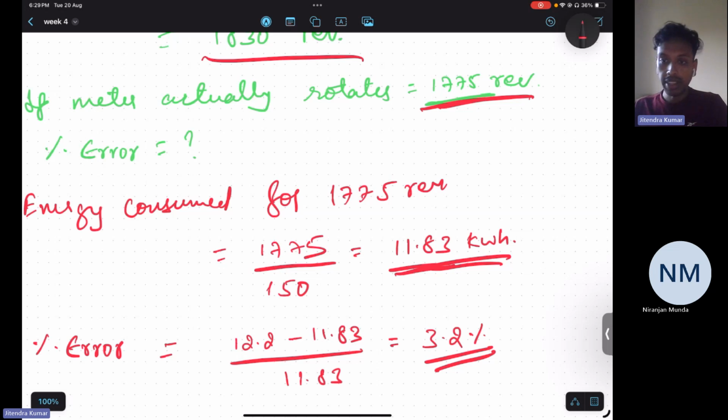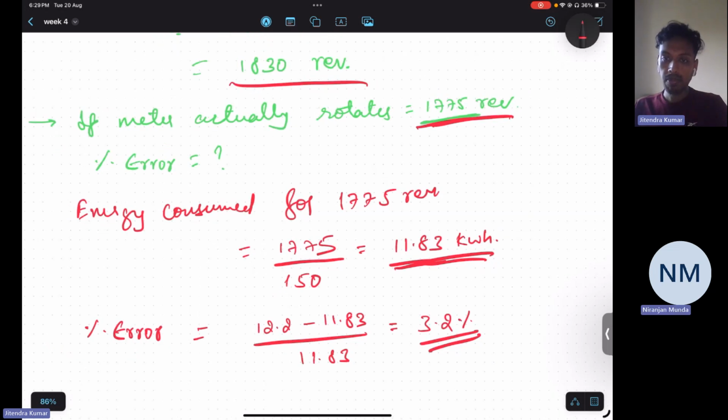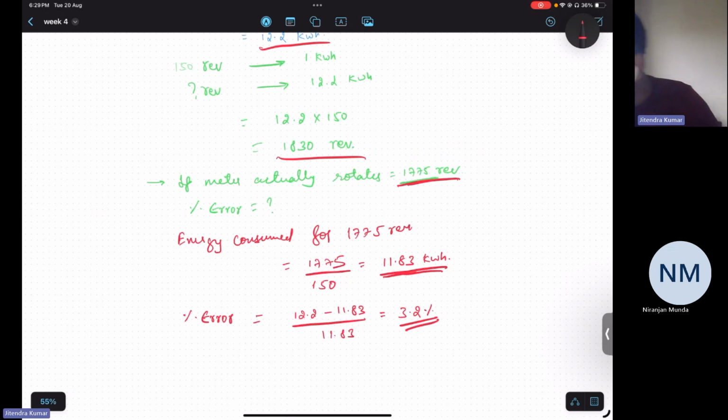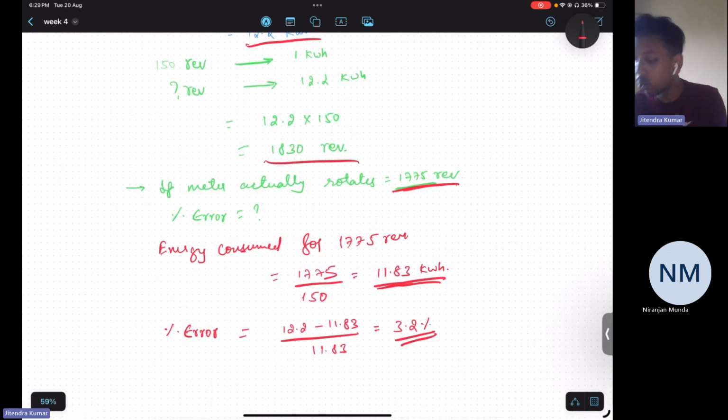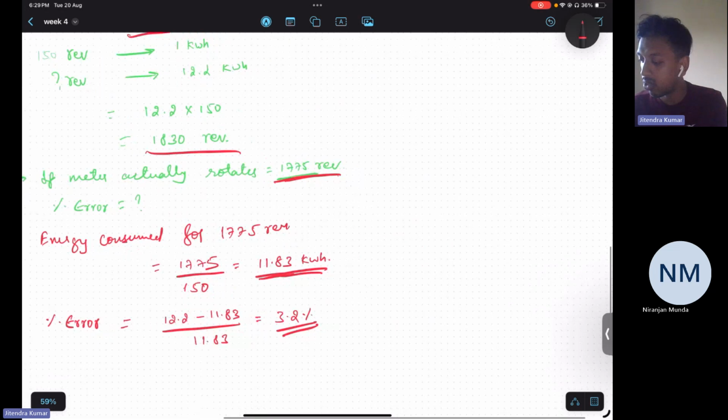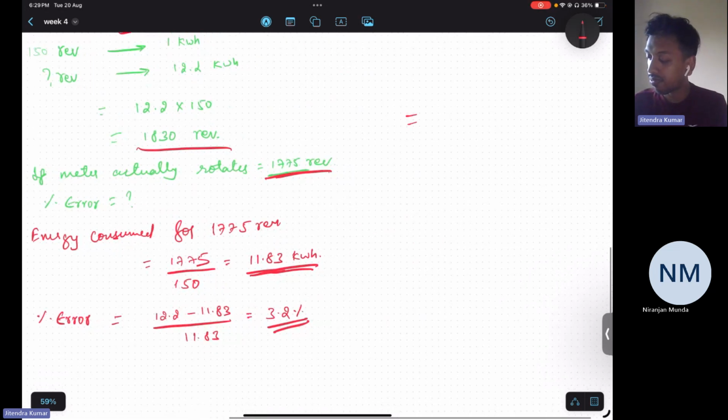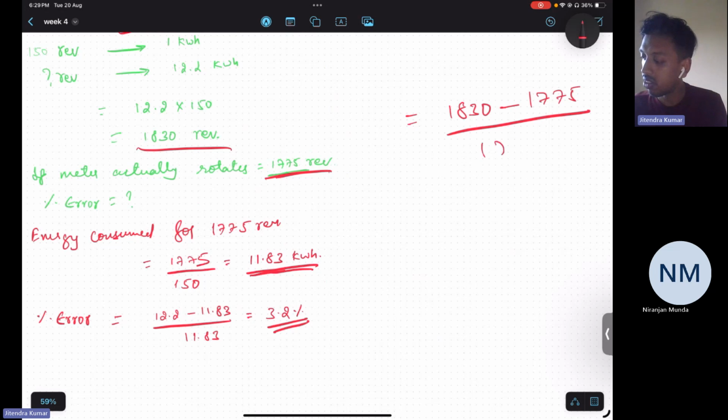Did you get it, Niranjan? Yes, yes. So instead of it, you could have done the other way. You might not need to calculate the actual energy. You could have straight away gone ahead with the measured revolution. So measured revolution is 1830, true or actual is 1775, divided by 1775.